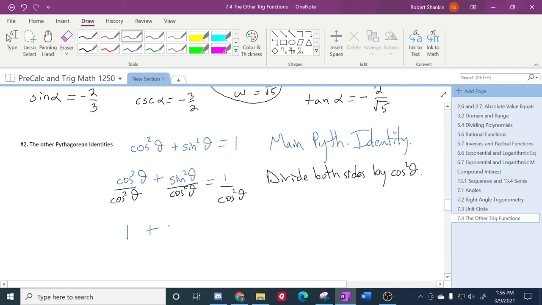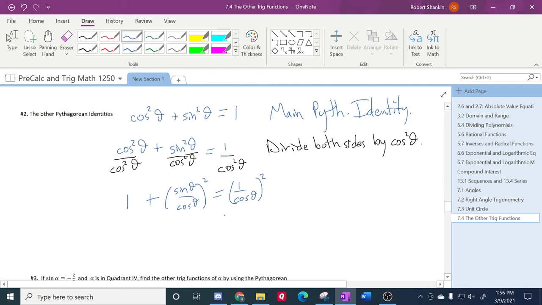Sine over cosine could also have been written like this, because that squared would just distribute to both. 1 over cosine squared is the same as 1 over cosine, squared, because 1 squared is still 1.